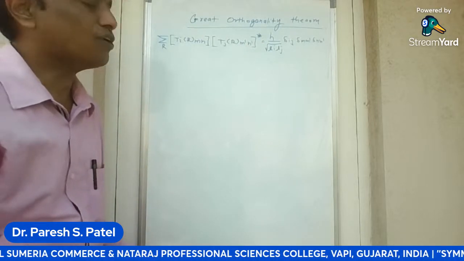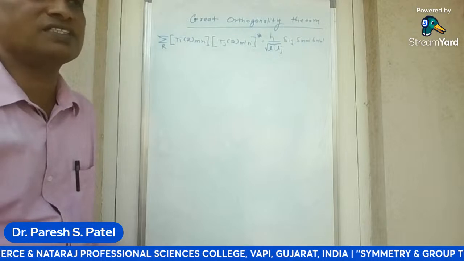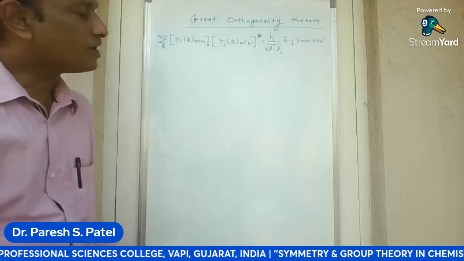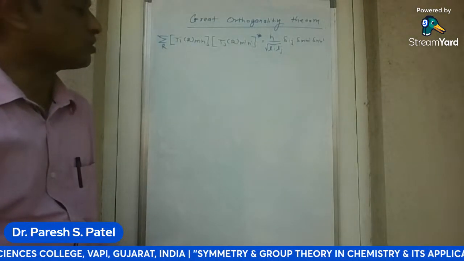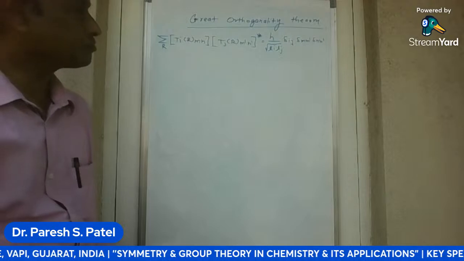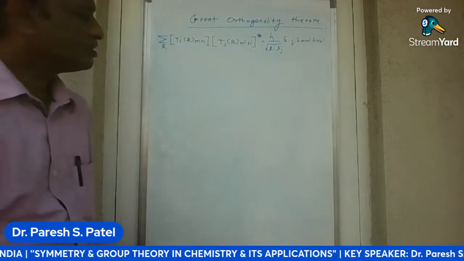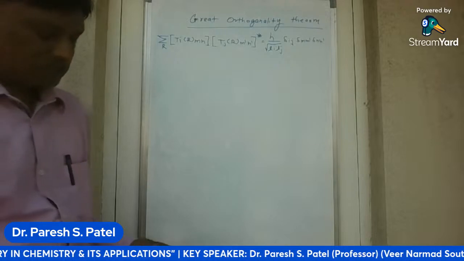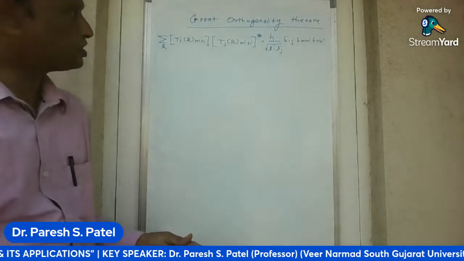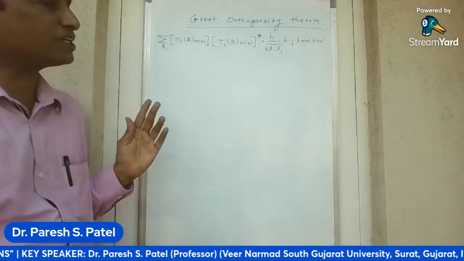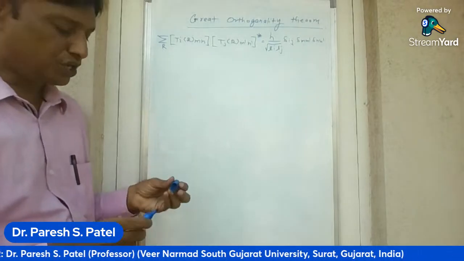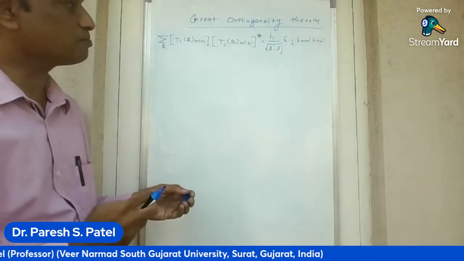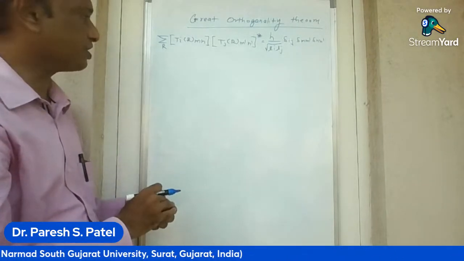Now, with the help of the normalization condition as well as the orthogonality theorem, we can derive three sub mathematical statements from the great orthogonal theorem.